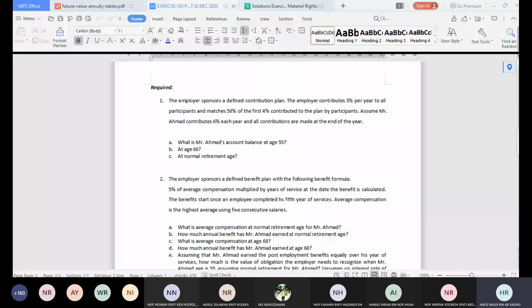So our assumption is we just assume that the employees will go through until the normal retirement age.